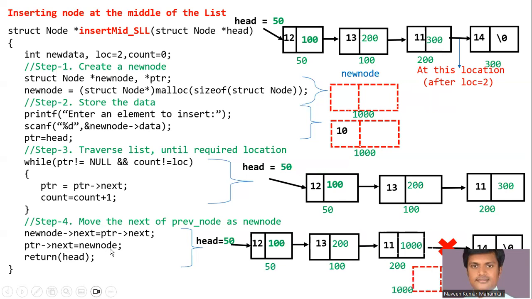As a result, you can see PTR is pointing here, and PTR next we are replacing with new node 1000. As a result, the connection will be destroyed here and it will point to the new node.